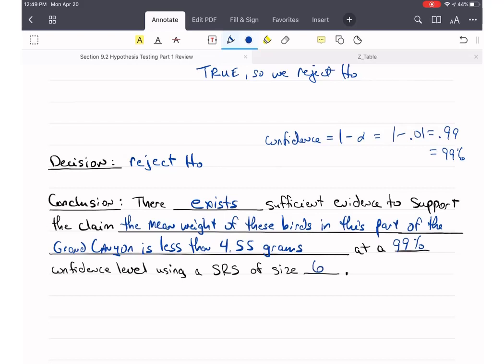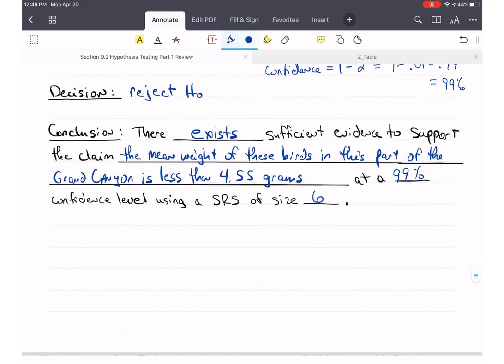All right, so we've done 2 problems, but quickly I want to go over what if on the last one we use H0, mu is equal to 4.55, and we just wanted to know if they were different than 4.55. Let me write this properly so I don't get points taken off.